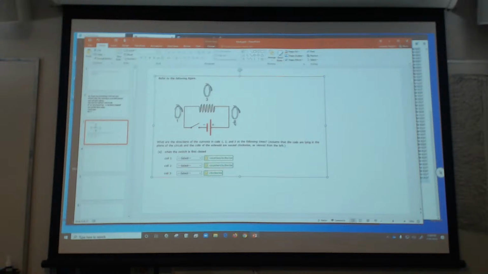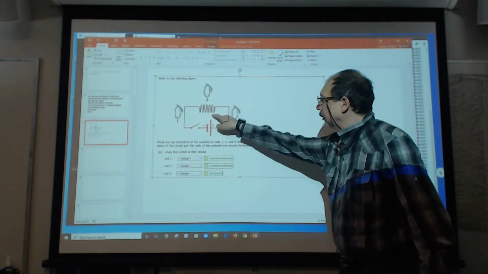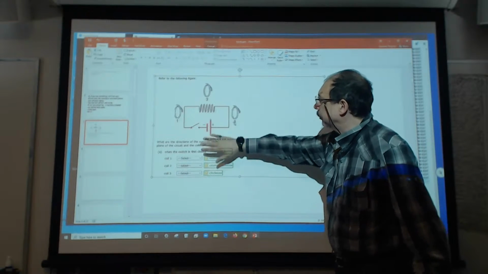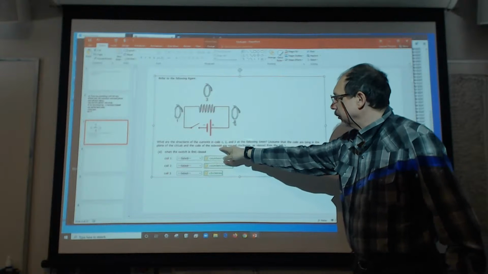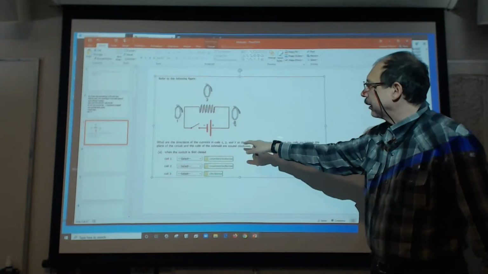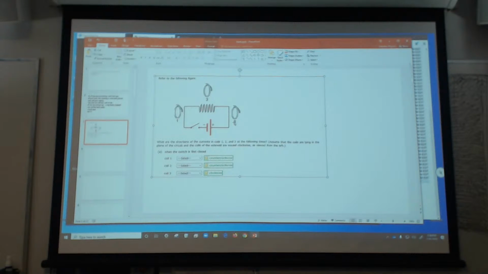It says, assume that coils are in the plane, the same plane, and this solenoid is wound clockwise as viewed from left. Did you use this statement?